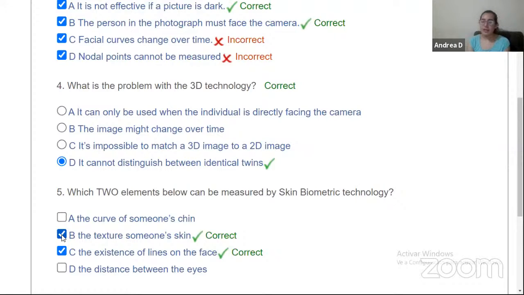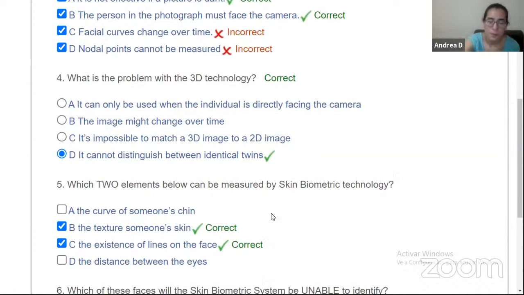And the skin biometric technology, as the name suggests, is mostly about the skin. So it's gotta be something related to the skin. The texture of your skin, the existence of lines on the face. The two of them make a lot of sense. Now the curve of someone's chin, again, that's just shape. It's not about the skin. So careful there. Chin is this, and this is jaw.